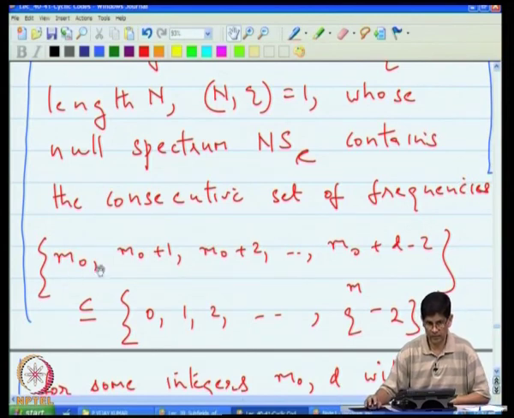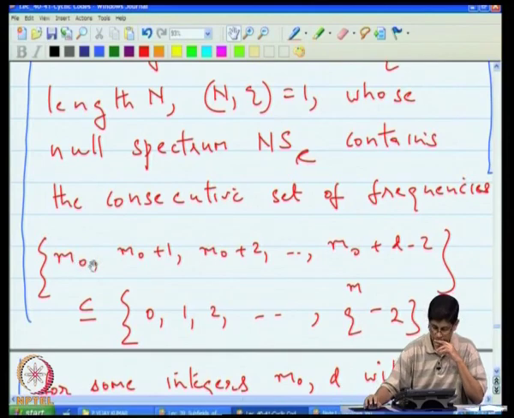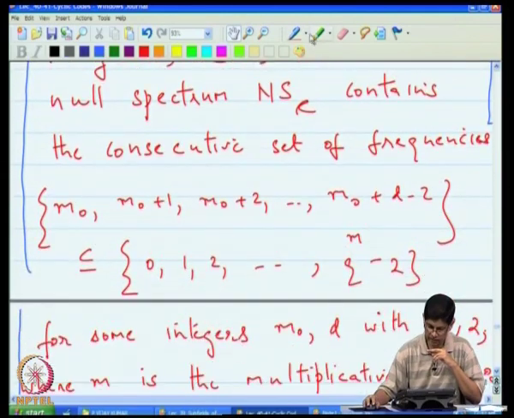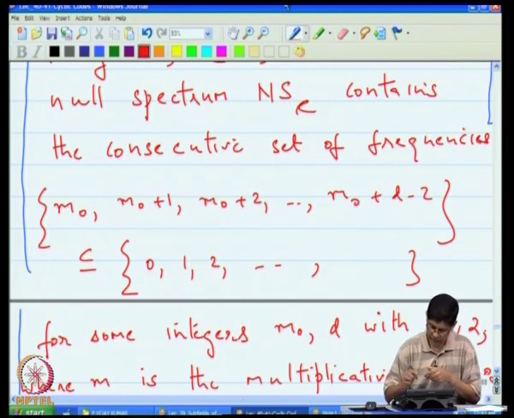So, the number of consecutive zeros in this particular case is d minus 1. So, this is obviously a subset of the set of all frequencies, which should have been n minus 1, let me correct that.